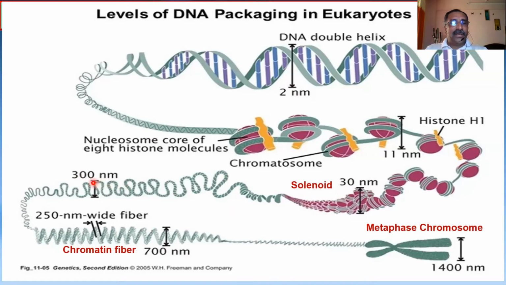And now you are getting a structure of 300 nanometer. Now, when this 300 nanometer coiling is taking place, I am talking about the total width like this. That is 300 nanometer. Are you seeing over here the 300 nanometer? That is the width.